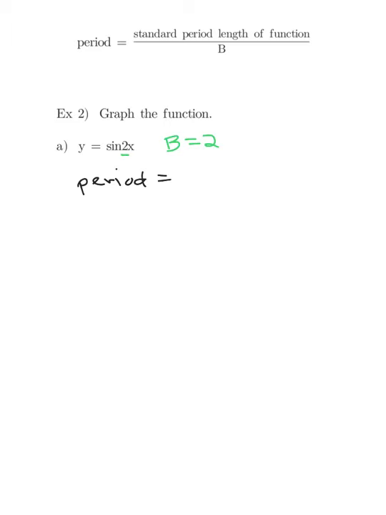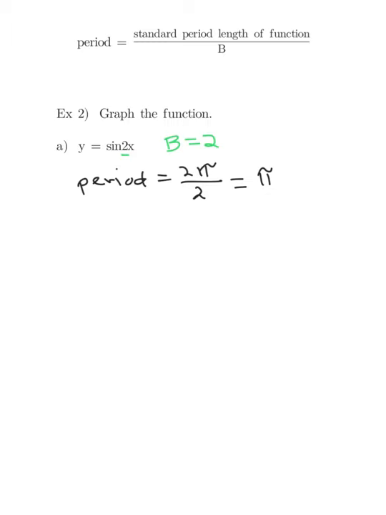Well, this is a sine. Sine function has a standard period length of 2 pi. And we divide it by whatever b is. Our b is 2. So 2 pi divided by 2 simplifies to be pi.